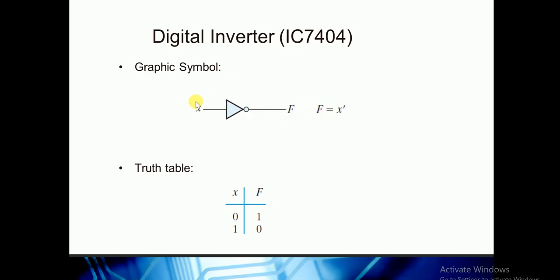If you give 0 volt, the output will be maybe 5 volt, or 4 volt, according to the logic system we are using. That means low will give a high output and high will give a low output. If you talk about a positive logic system, the truth table will be like this: if input is 0, output will be 1, and if input is 1, output will be 0.